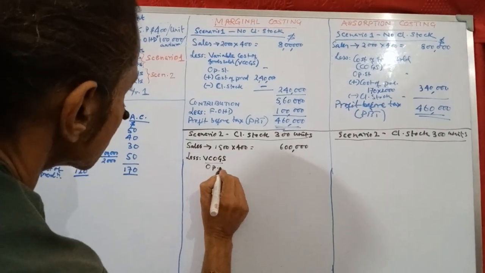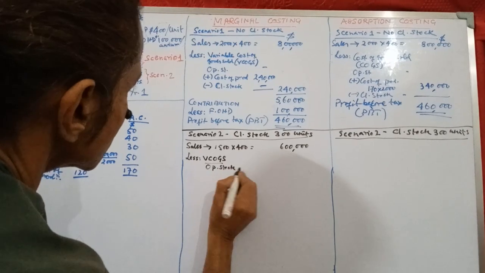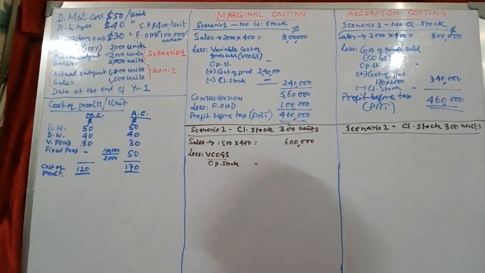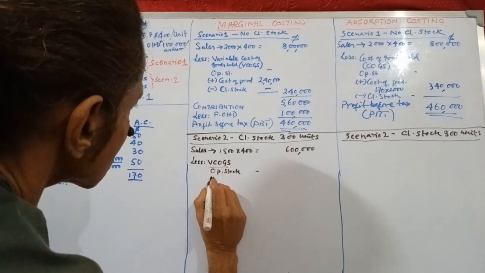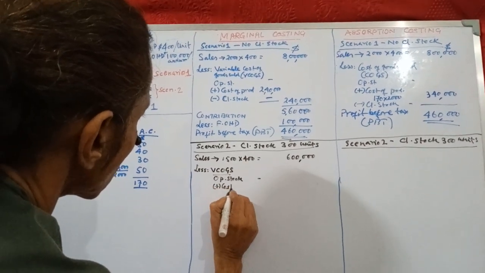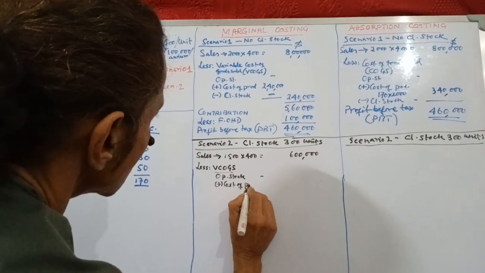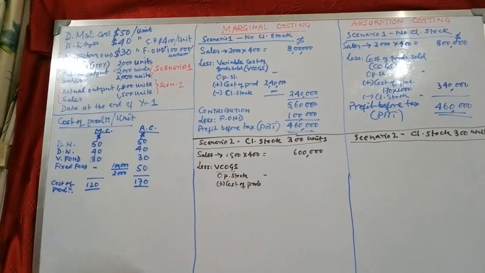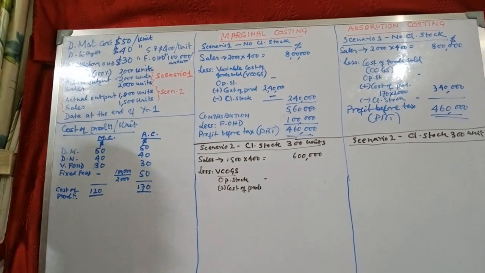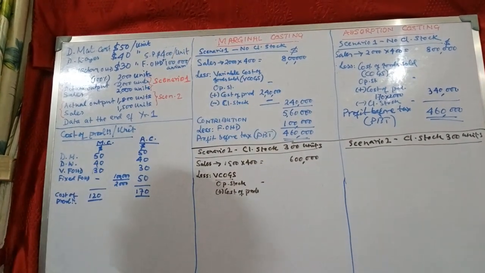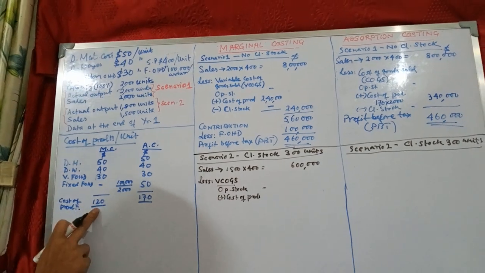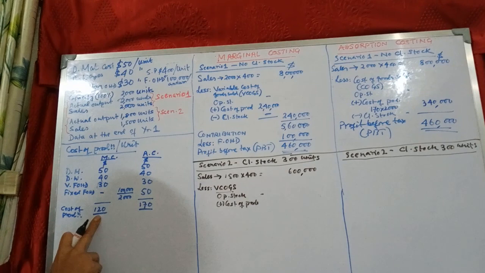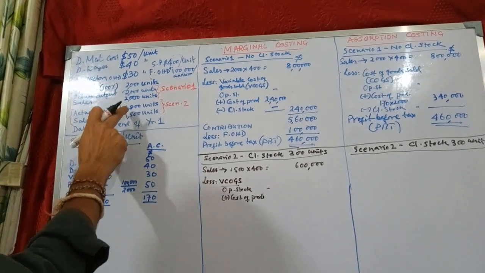Here, opening stock, nothing, plus cost of production. What is the cost of production in scenario 2? Under marginal costing, 120 is the cost of production per unit, and what is the number of units? 1800 units.